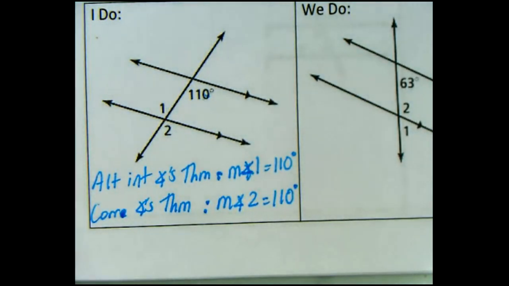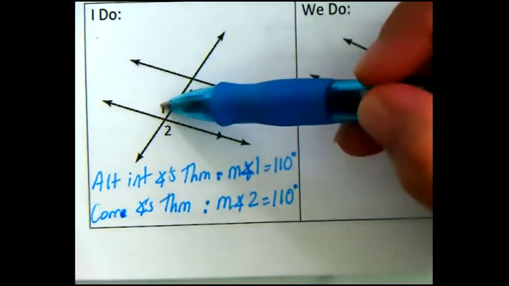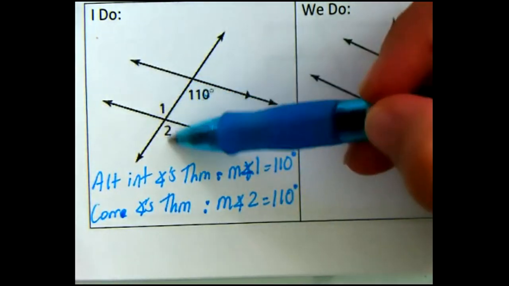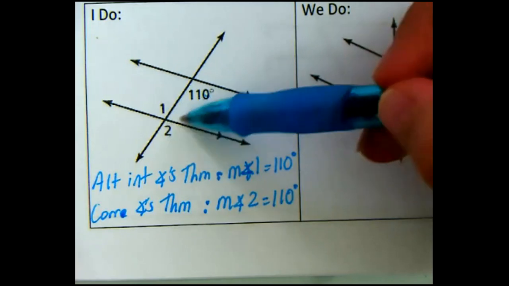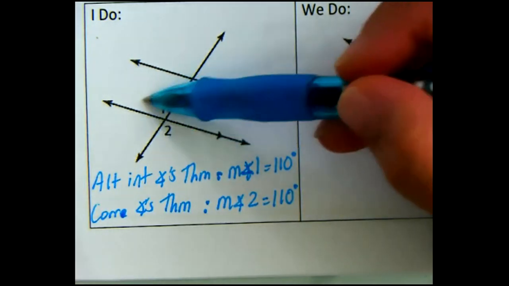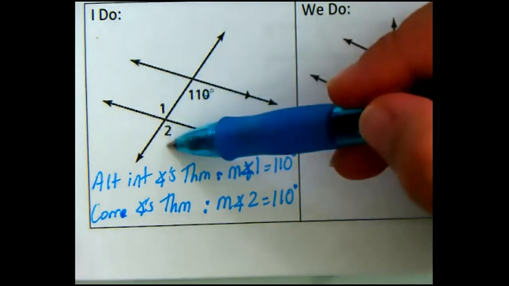Okay. Or I could have noticed that angle 1 and angle 2 have a nice little relationship. I could have seen that angle 1 and angle 2 here are right across from each other, same intersection, making them vertical angles.